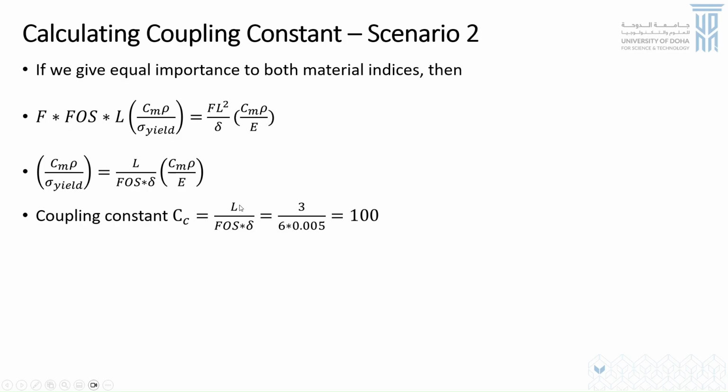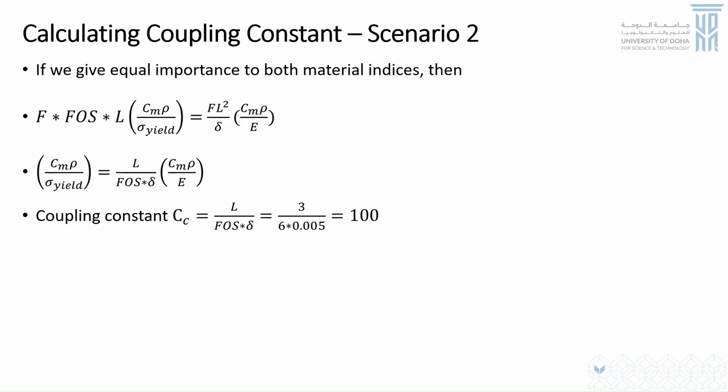Now putting the values of the given constraint, with the length L being 3, the factor of safety being 6, and delta being 0.05 or 5 mm, we get a value of coupling constant to be 100. Now keep this in mind, this factor of safety choice is again a design choice, and that will depend on the scenario. In this case, I've suggested the value of 6 based on my previous calculations for the impact force.